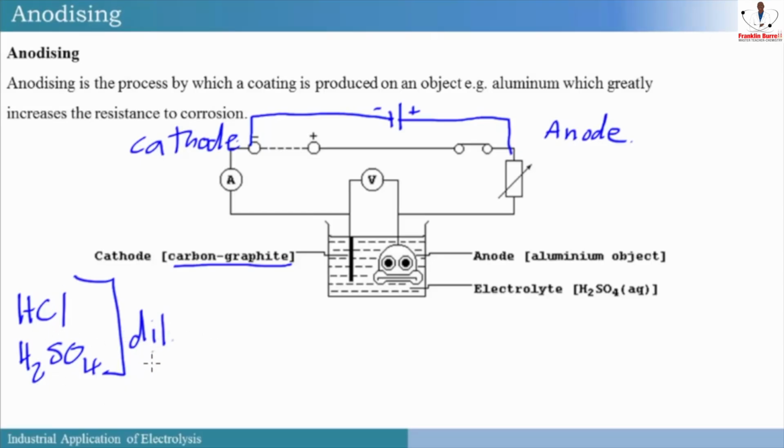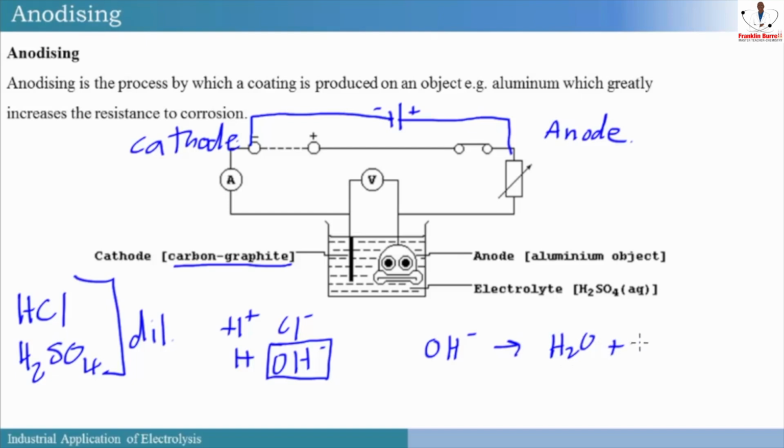Well, the acid is dilute because our ions that are present will have OH minus present also. Now, being dilute, the position of the OH minus ions would take preference to the other ions. Hence, OH minus would produce water and oxygen.